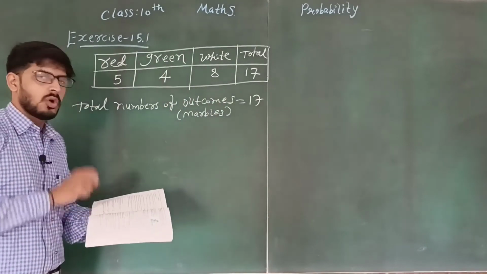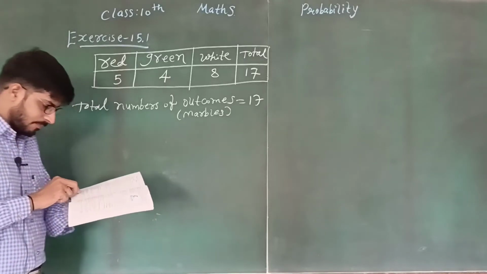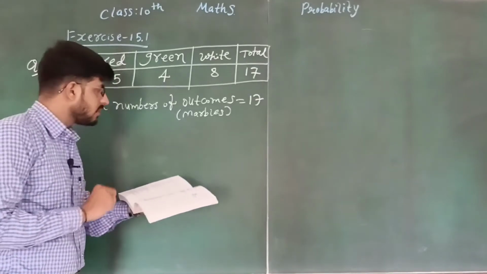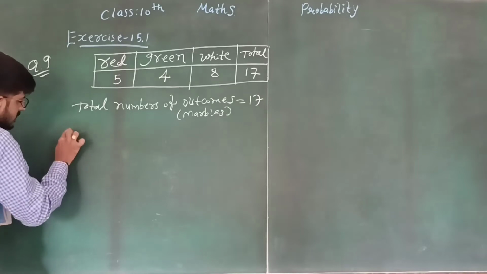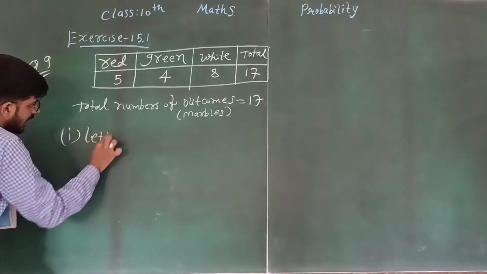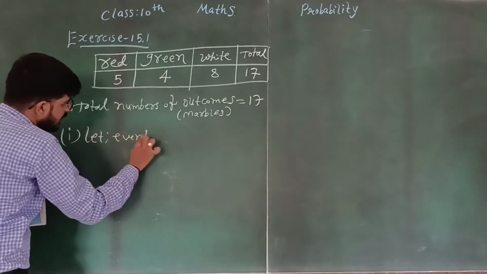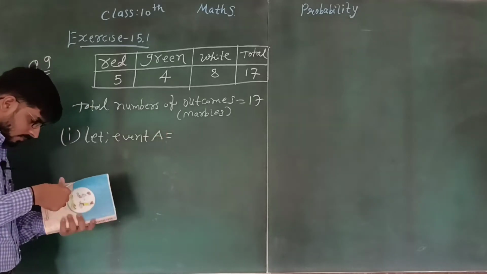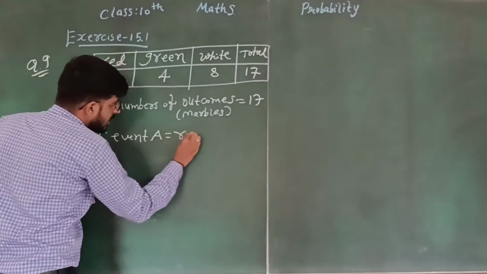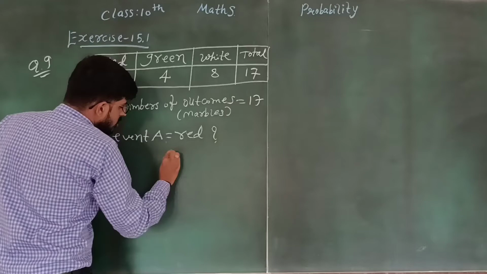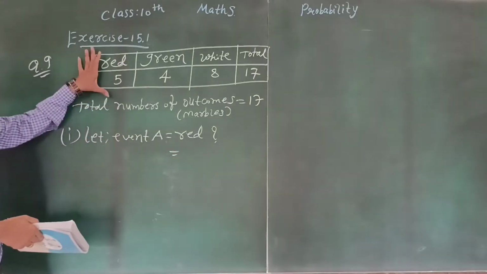Now see, first we are going to find the probability of a red marble. Let event A be red marble. The total number of red marbles in the bag is 5.